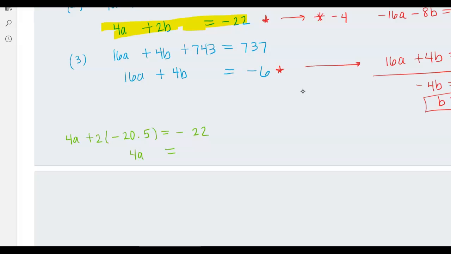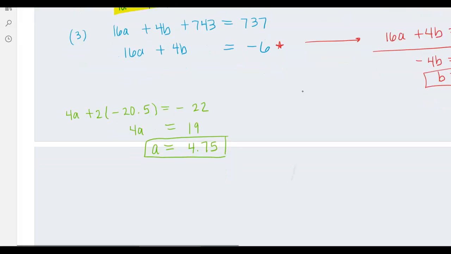Negative 22 plus 41 is 19. So a is 4.75.